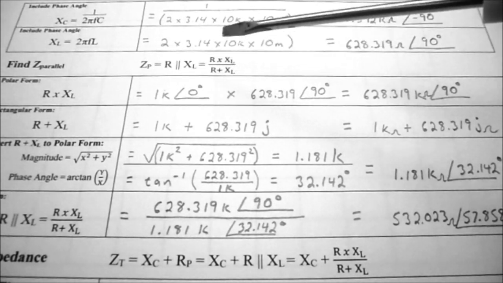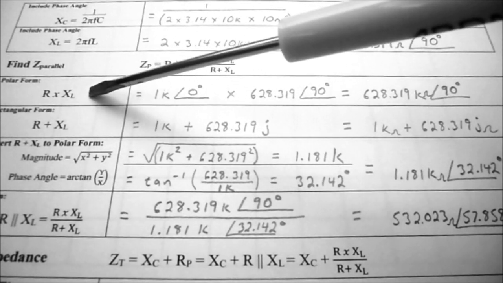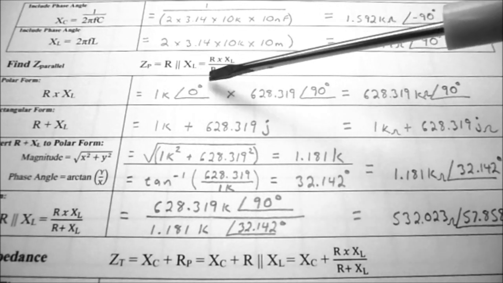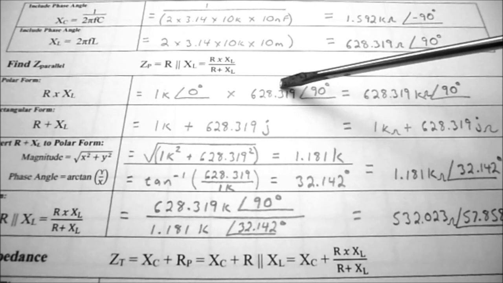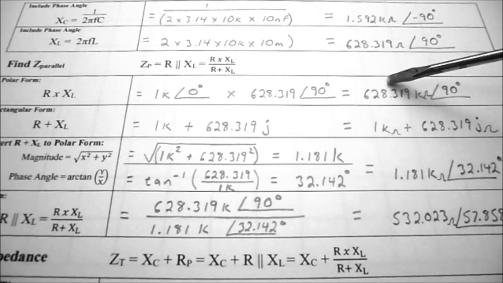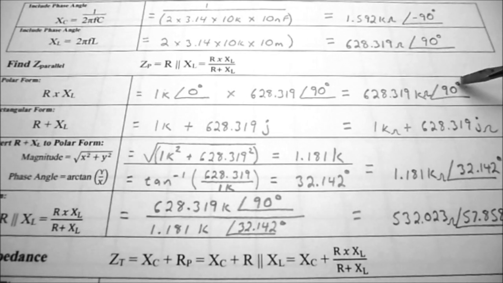So you have to remember that we need the polar form of R times XL. So we take 1k at an angle of 0 degrees times 628.319 at an angle of 90 degrees, and that works out to 628.319 K at an angle of 90 degrees.